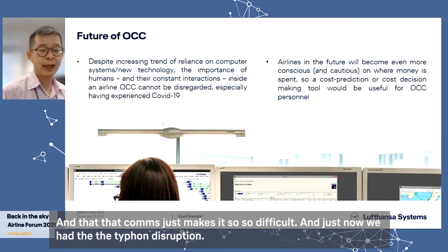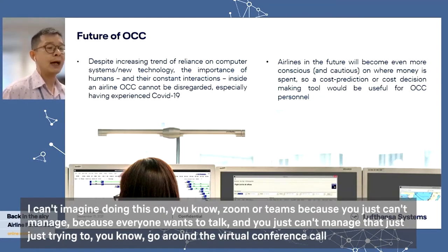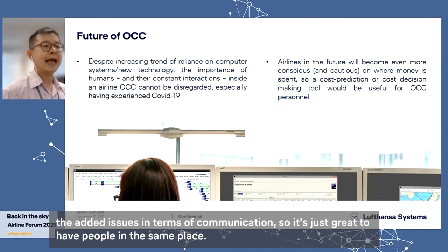And just now we had the typhoon disruption. We had to bring people from different departments into our meeting room to discuss it. I can't imagine doing this on Zoom or Teams, because you just can't manage it, because everyone wants to talk. Just trying to go around the virtual conference call, there are added issues in terms of communication.